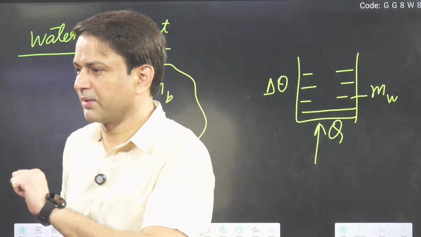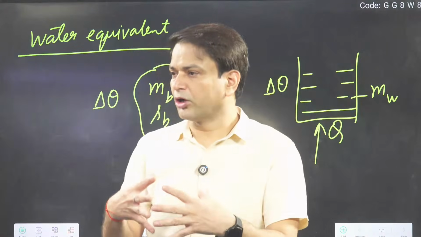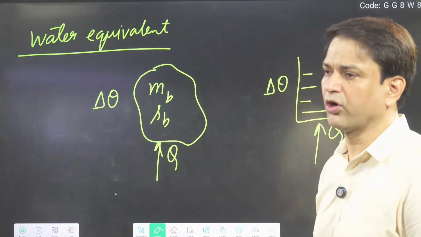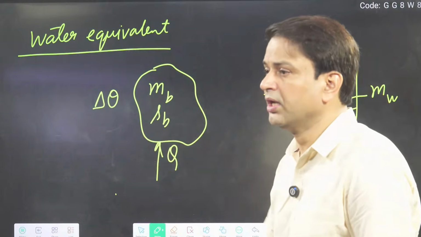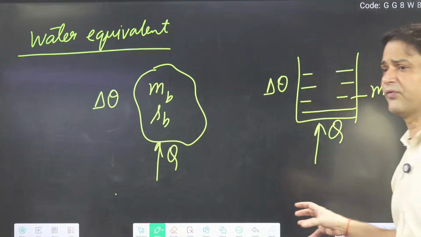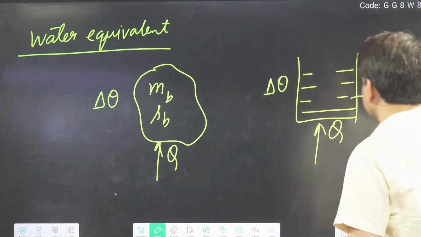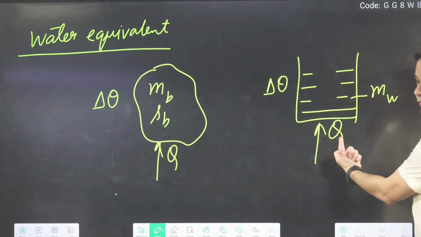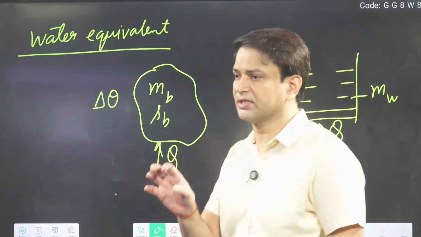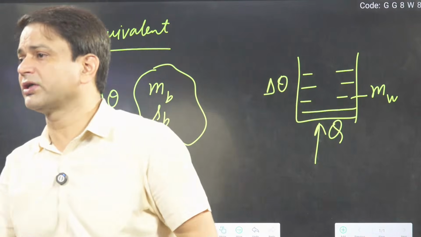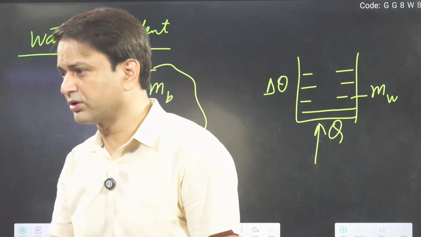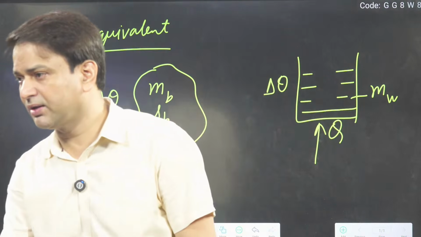Now I am repeating. Suppose we want to increase the temperature of any body by delta theta, so for that we pass the heat Q. Then what is the meaning of water equivalent? If I take some mass of water that will absorb the same amount of heat for the same temperature change, that mass of water is called the water equivalent of the body.